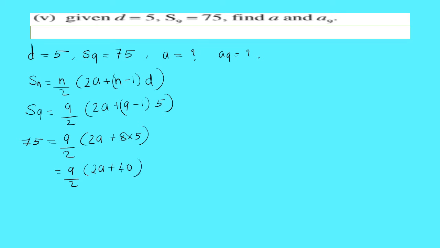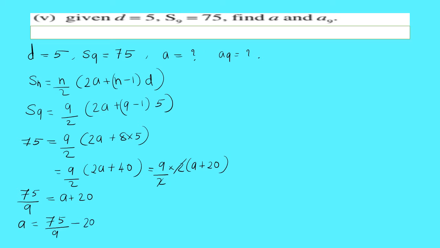Since in the bracket 2 is a common factor, you can write it as 9 upon 2 multiplied by 2 multiplied by a plus 20. So you can cancel the 2. So you are getting 75 upon 9 equal to a plus 20. That is a equal to 75 upon 9 minus 20.